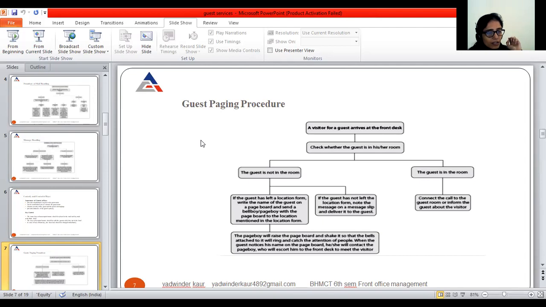There is a board on which the guest name is written, with a bell attached to it. When the guest notices his name on the page board, he will contact the page boy, who will escort him to the front desk to meet the visitor who came to meet the guest.